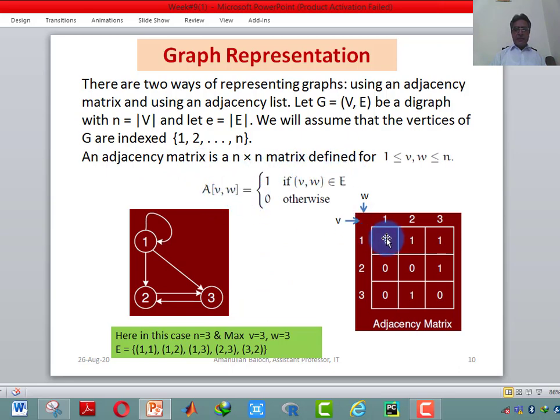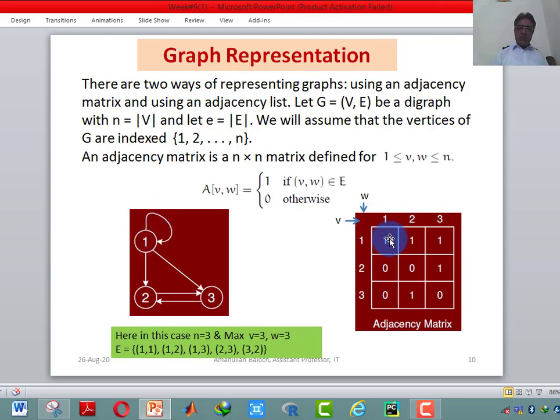This is the adjacency matrix A, and this location is the combination of V and W, 1, 1. The 1, 1 location belongs to the edge 1 to 1. Yes, V is 1 and W is 1, and the edge exists.